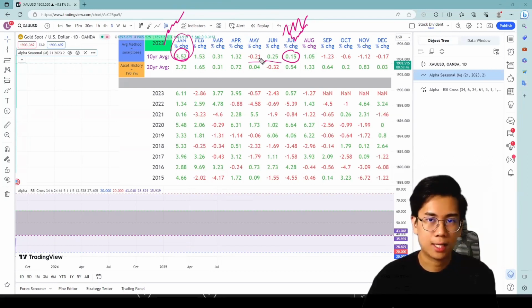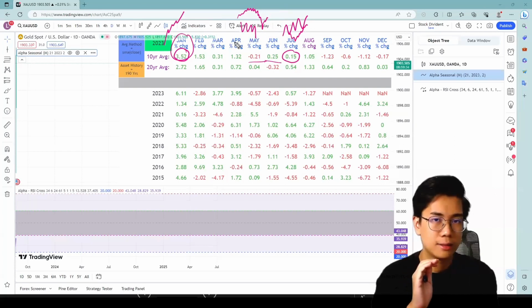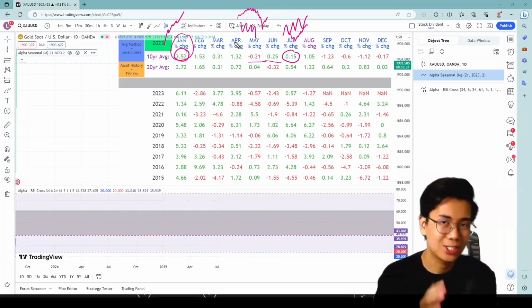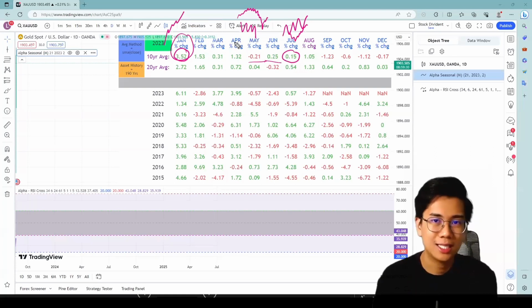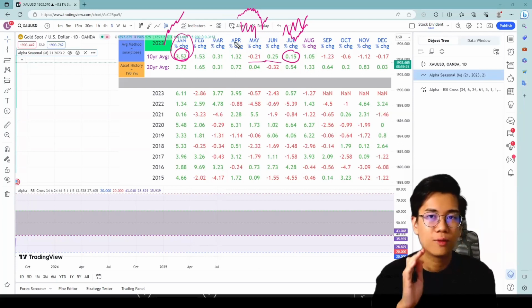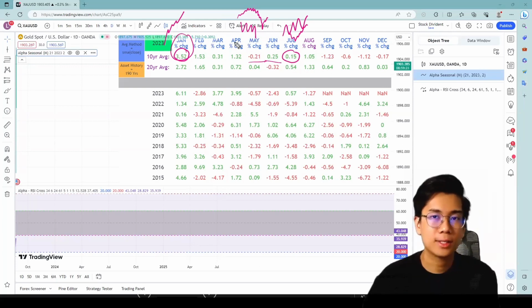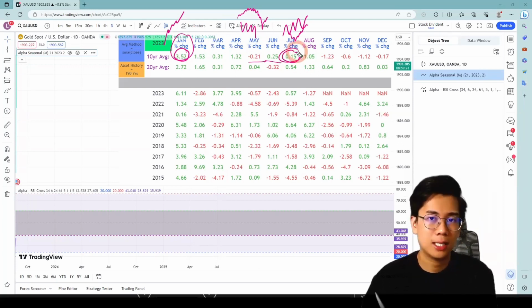May is red, so it's ranging down, or it could be zigzag, then down, then up. You cannot quantify whether it is choppy or not. You can only say that it will not move far, because percentage-wise it normally does not go far from here. So it could be not so choppy also.